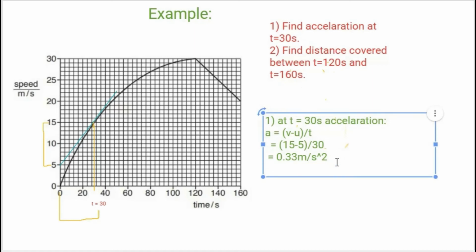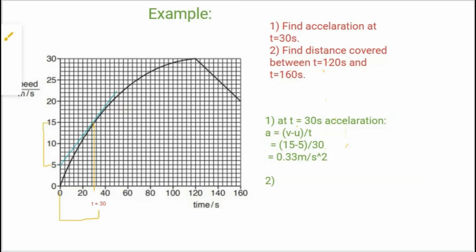Number 2 says find the distance covered between t equal to 120 seconds and t equal to 160 seconds. So let's find t 120 seconds and t 160. So 160 is the last part and 120 is just starting there. We remember that we have to find the area under the graph. So let's draw the shape from there. That'll be that.